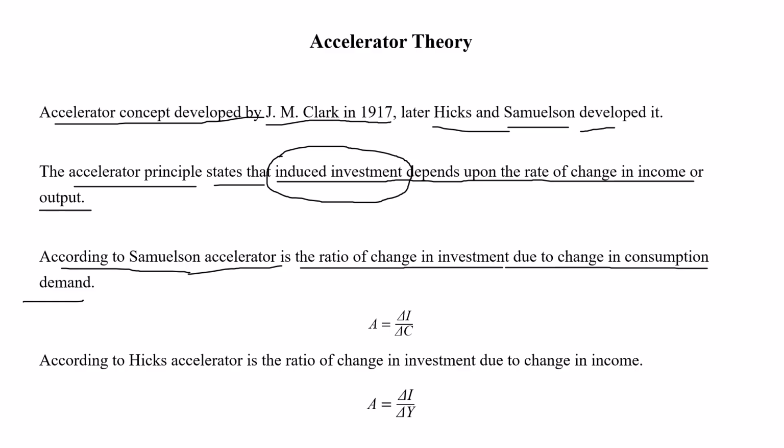This is Samuelson's equation of the accelerator: A = delta I upon delta C. Here A represents the accelerator, delta I represents the change in investment, and delta C represents the change in consumption demand.